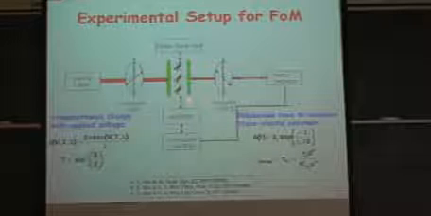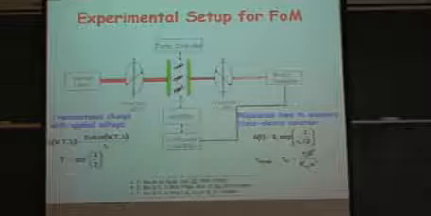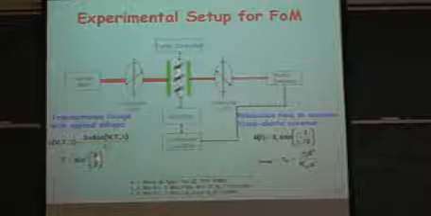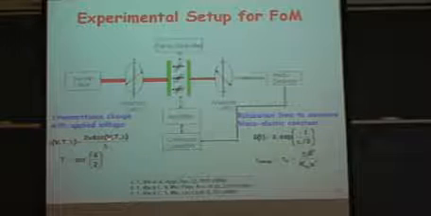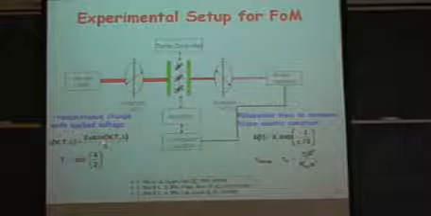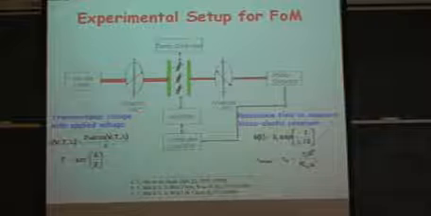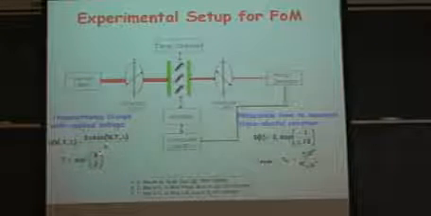So we scan the voltage, then we get the transmittance. The transmittance voltage curve is this equation, where delta over 2, and delta is the phase change. So phase is proportional to birefringence and cell gap. So by measuring the transmittance voltage curve, we can get the birefringence.